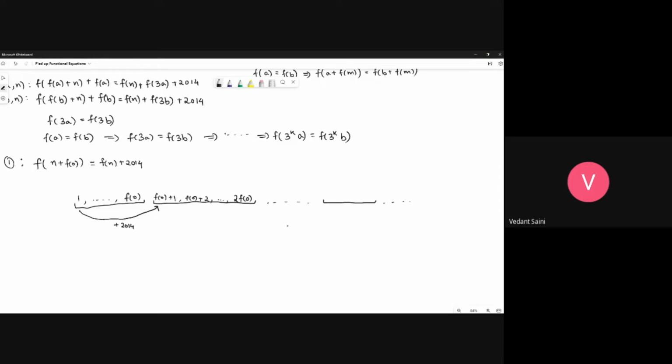Yeah. And the corresponding, suppose the ith term from this group and the ith term from this group, we are using a different color, they differ by 2014.